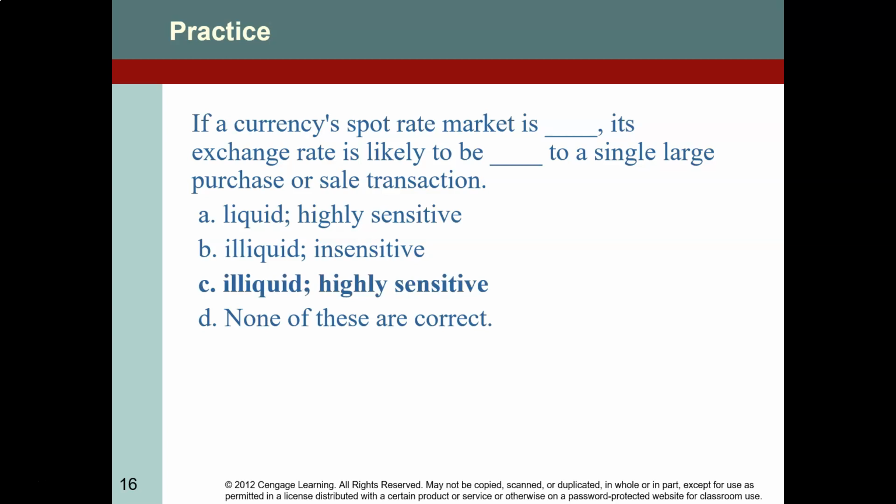Option C. When the market is illiquid, the exchange rate could be highly sensitive to any single transaction, because we said when the market is liquid, it's not highly sensitive. It's only when the market is not liquid that it becomes very sensitive to a single transaction. It's going to be more volatile, because the information is not efficiently transferred between counterparties in the market.